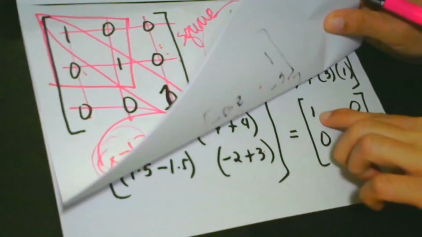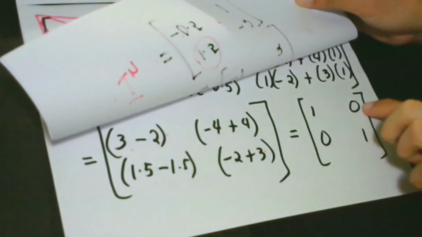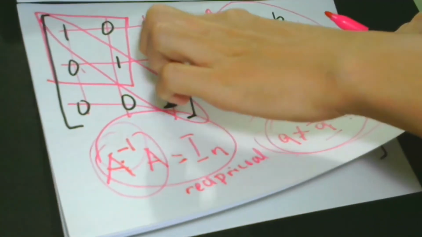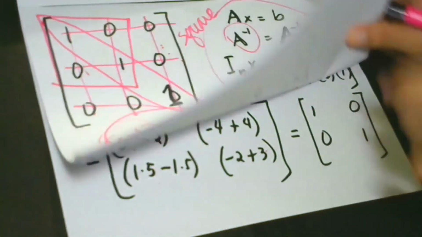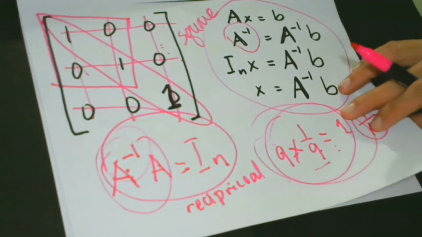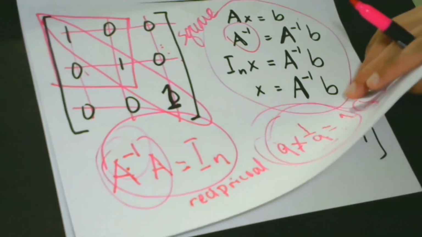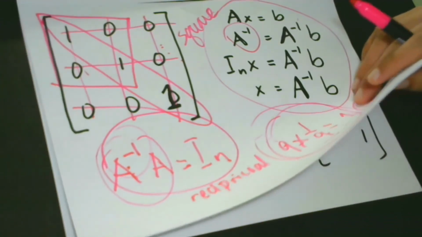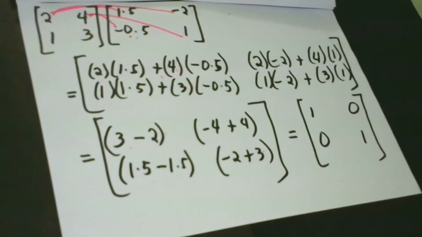Our first term here is 1. Then here it's 0. Then we have 0 here. Then 0, then 1 is here. Are they the same? Yes, they are the same. So we have ended up with the identity matrix, and our solution therefore is correct.